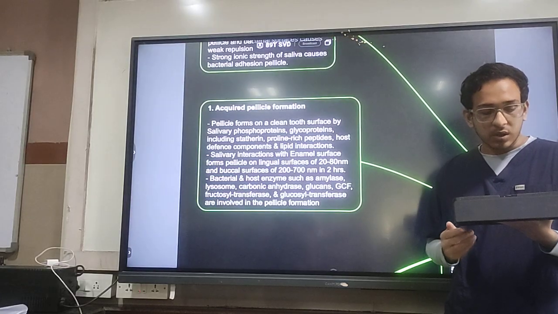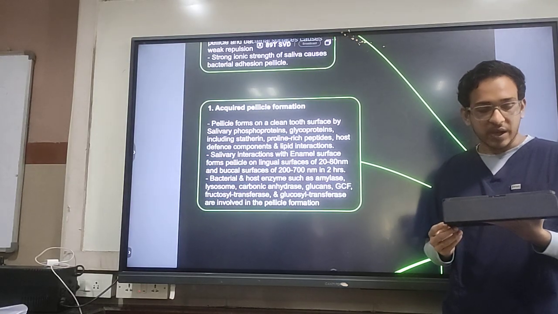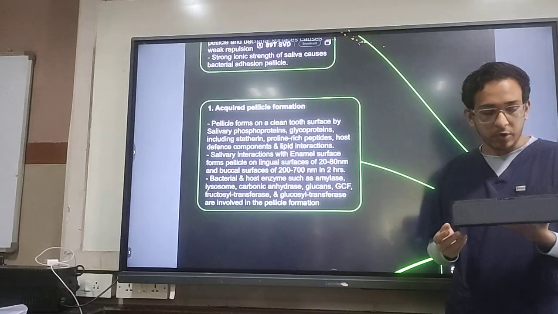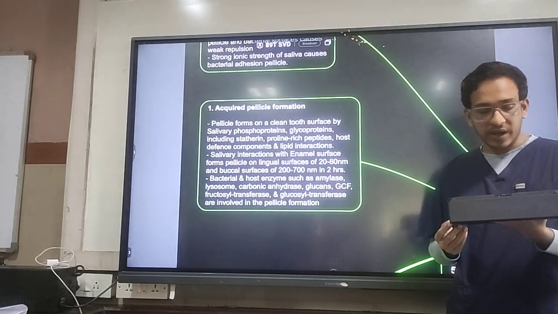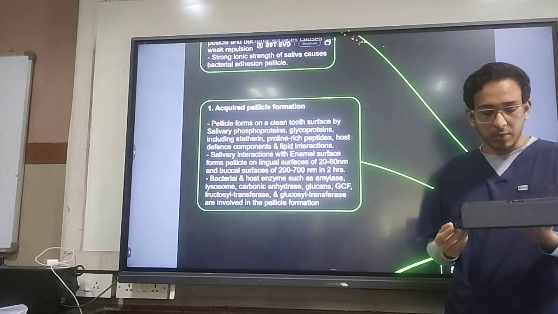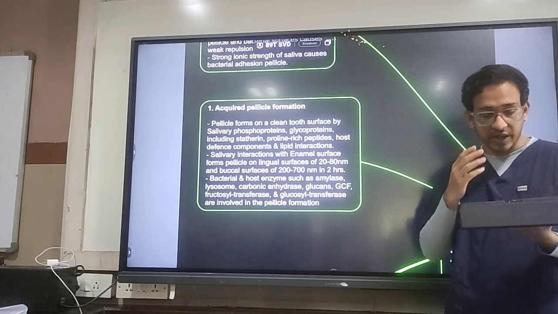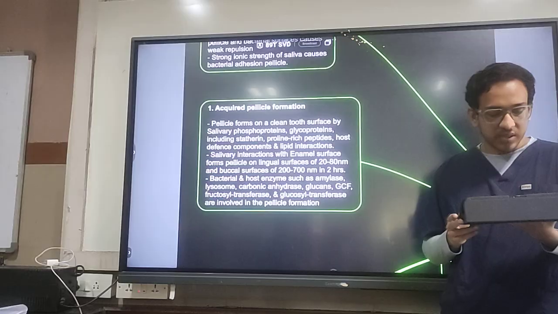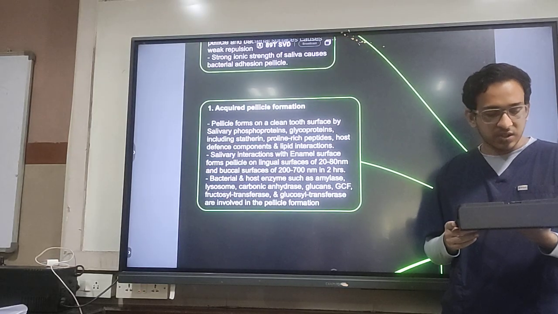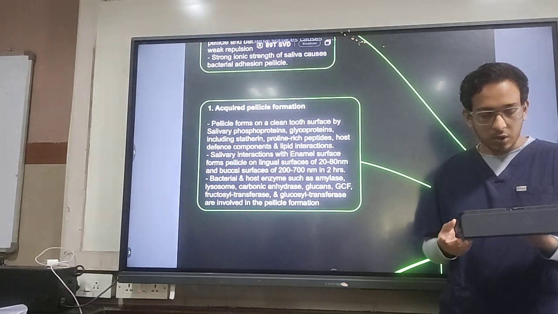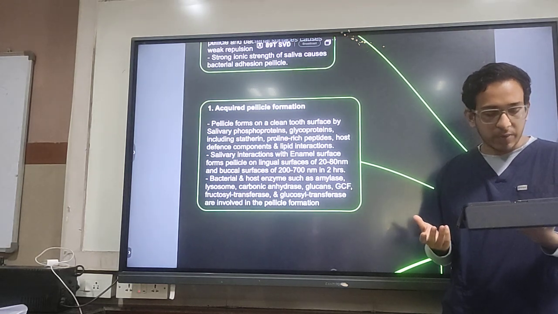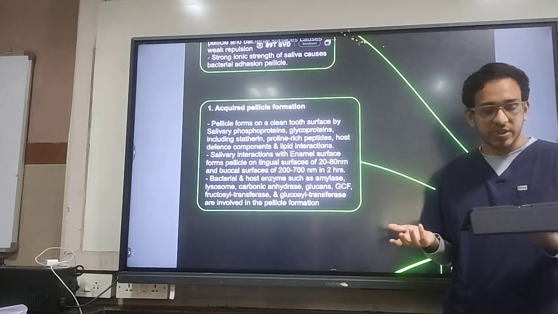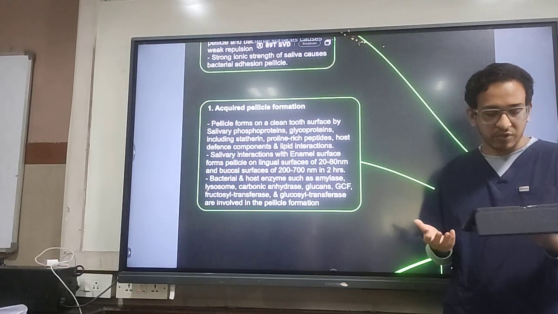The pellicle forms on a clean tooth surface by salivary phosphoproteins and glycoproteins, including statherin, proline-rich peptides, host defense components and lipid interactions. The salivary interactions with the enamel surface form a pellicle on the lingual surface of size 20 to 80 nanometers, and on the buccal surface of size 200 to 700 nanometers after 2 hours of exposure.